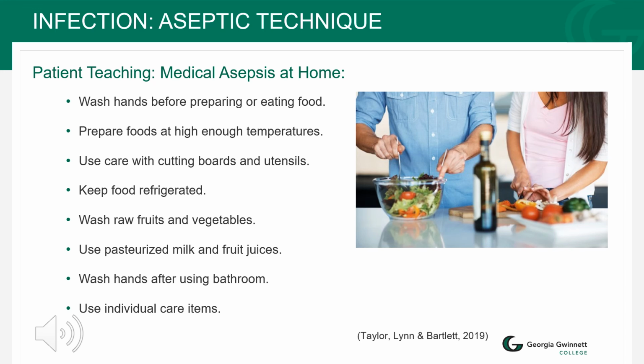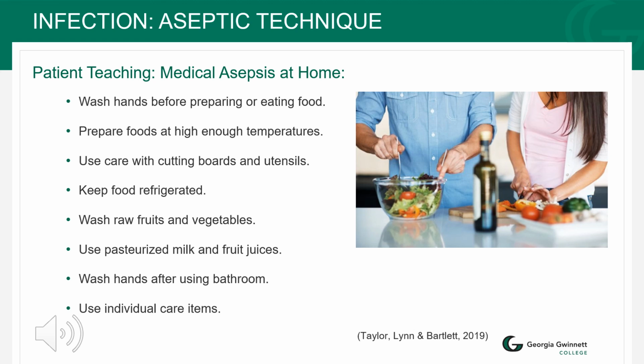So part of being a good nurse is also being able to teach or educate your clients so that they can stay healthy at home. So here are some examples of medical asepsis or clean technique at home. Basic stuff that I hope you already know, but washing your hands before you're preparing food, making sure that if you're cooking something that requires a 300-degree oven, 400-degree oven, it's at the right temperature to kill the microorganism.